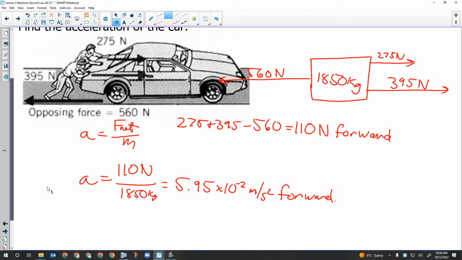I would have done 5.95 times 10 to the minus 2 times mass, got my net force, and then subtracted the forces I knew from the net force to get the opposing force, okay? So a question could do that as well. It doesn't really change anything other than the order, but the steps are always there. They just get rearranged.